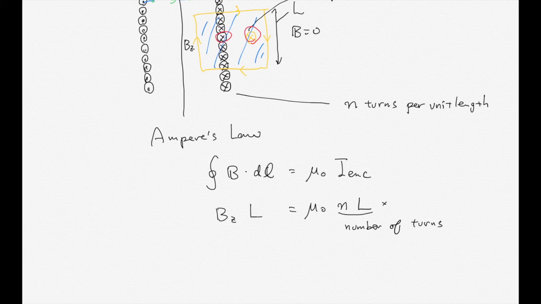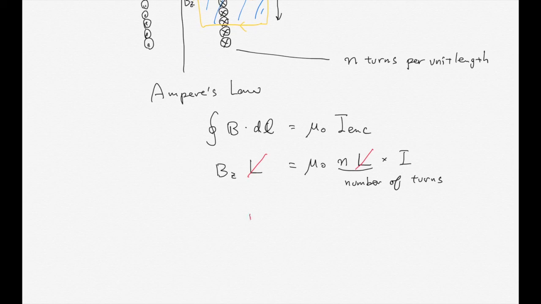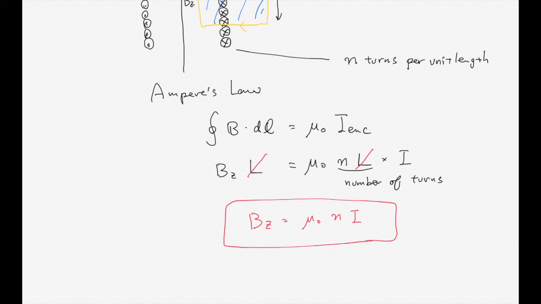The current is I. Then if you look at both sides, L appears on both sides, so we find that B sub z is mu sub 0 n I. This is the magnetic field inside of the coil.